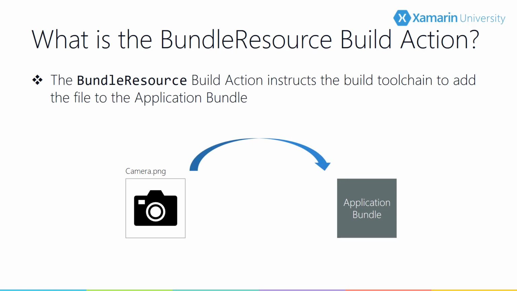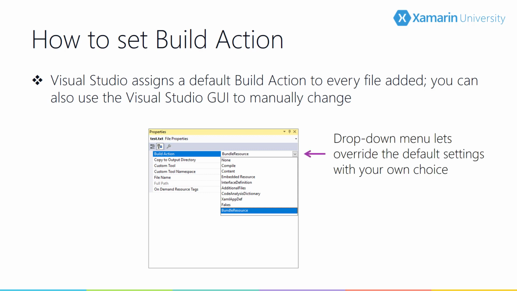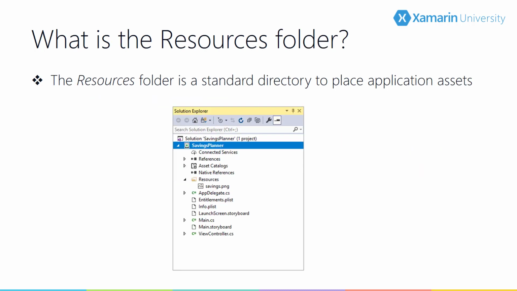Now, when you add a file to your application project, Visual Studio will automatically assign a build action for it. However, this value can be overwritten. In the properties window, there's a drop down for the build action that allows you to change it and set your own choice. Luckily for us, when we're building Xamarin iOS applications, there's a folder called the resources folder.